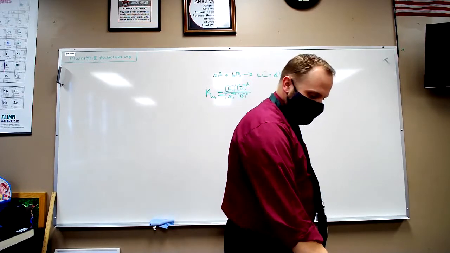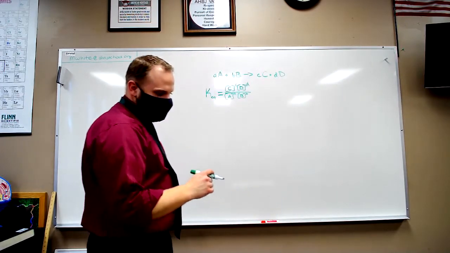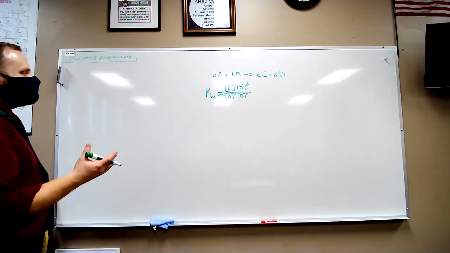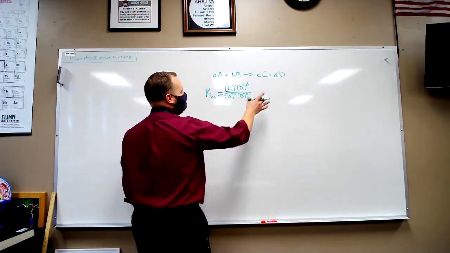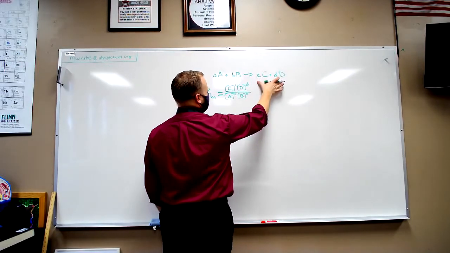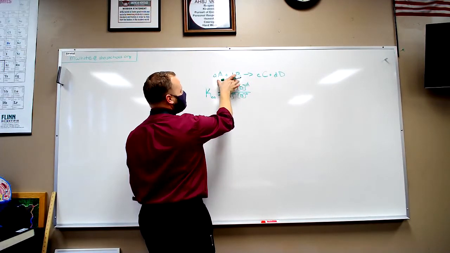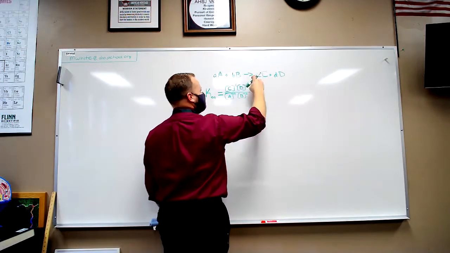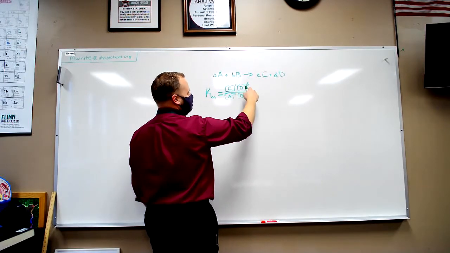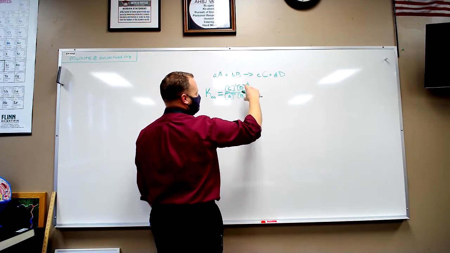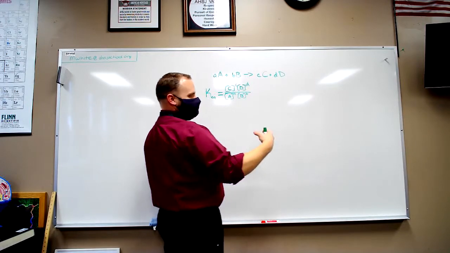Now, if we look at this, let's just think. If we have a whole lot more products than reactants, so most of our reactants are going to change into products, that means these concentrations are going to be large, and these concentrations are going to be small.